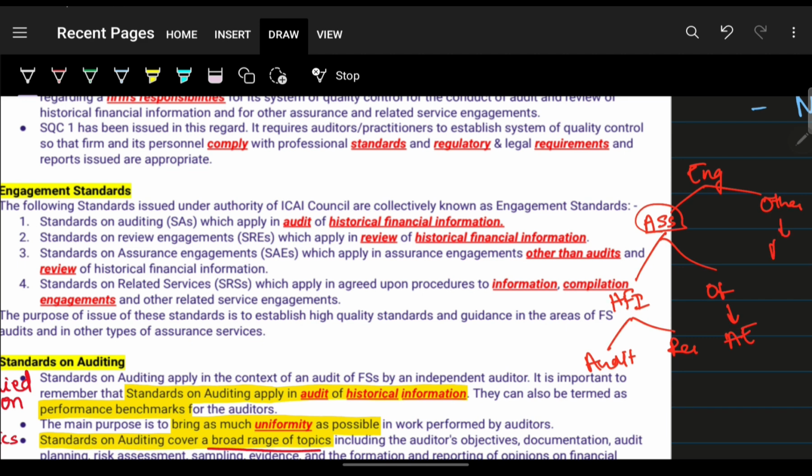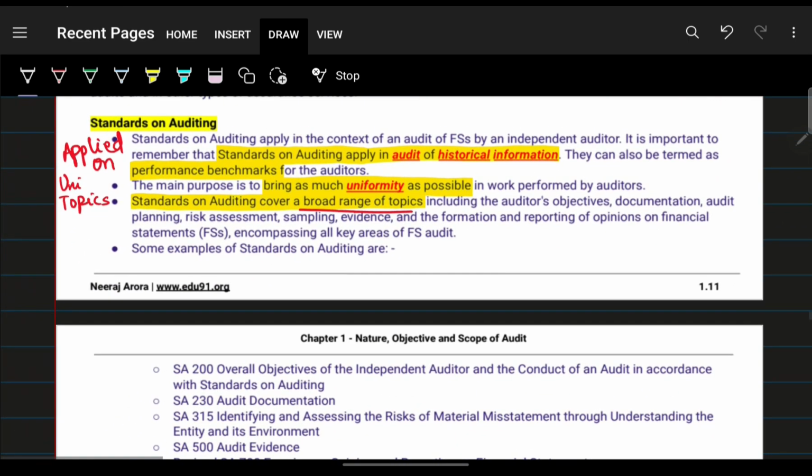Here it can be related services. For audit, SAs are covered. For reviews, it is SRE, standard on review engagement. For other assurance engagements, it is SAE, standards on assurance engagement. And lastly, for related services, it is standards on related services. Okay, next.